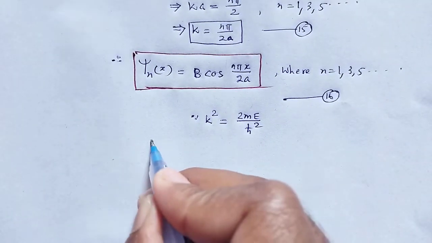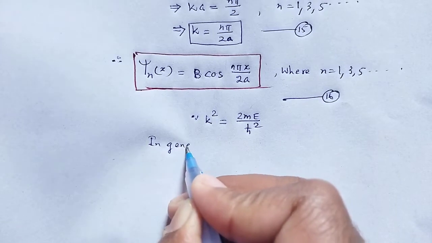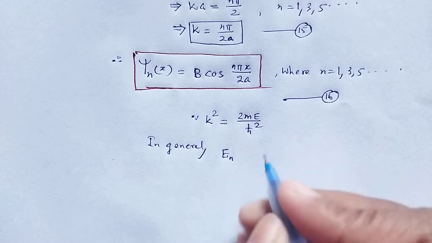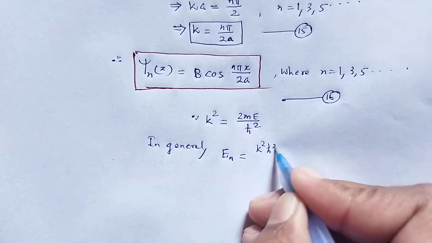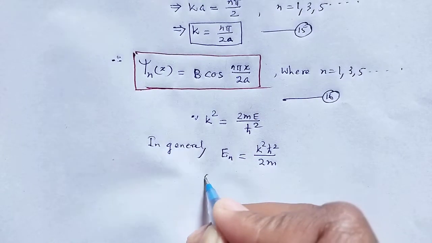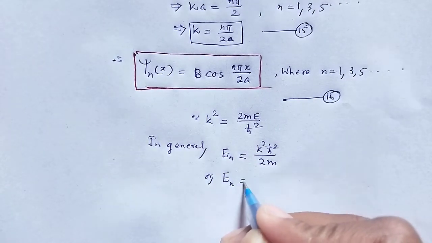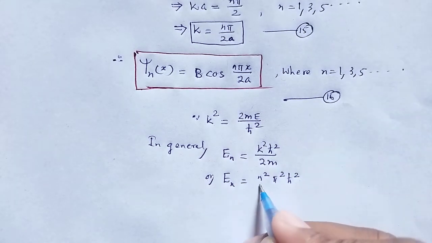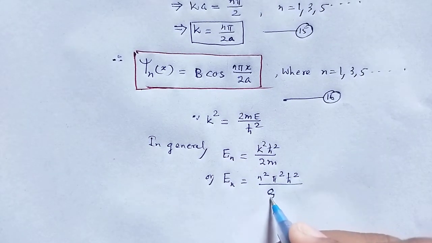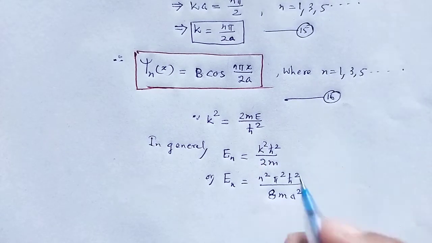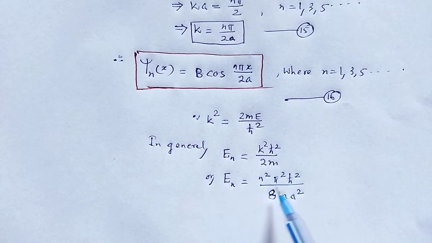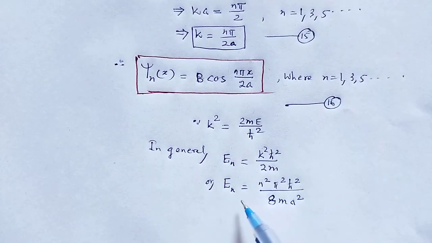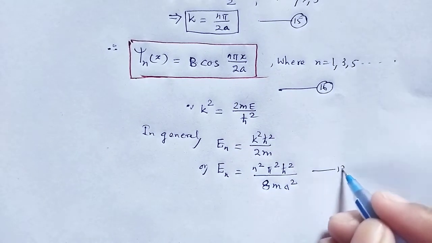In general, the energy for the nth state, that is k square h cross square divided by 2m, or En is equal to n square pi square h cross square divided by 8 m a square. Just put the value of k here, n pi by 2a, and its square. That is En, as equation number 17.